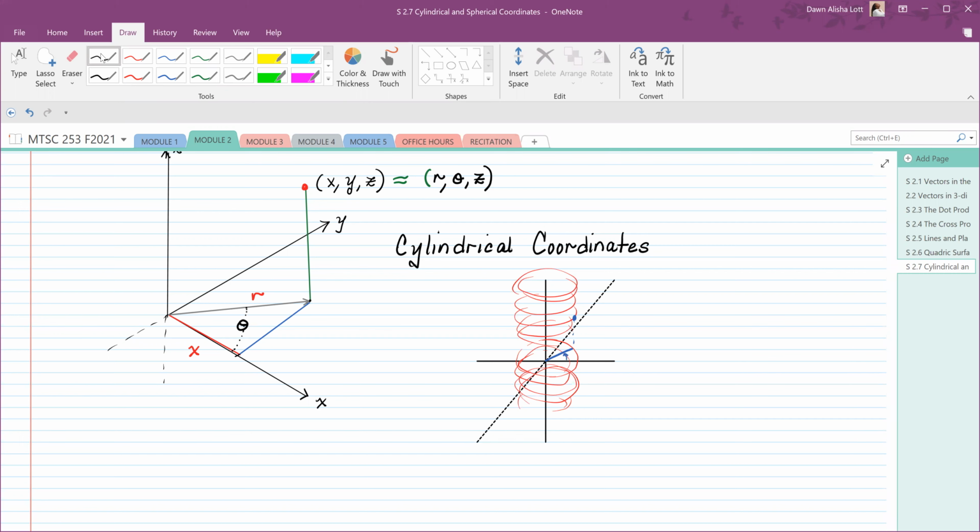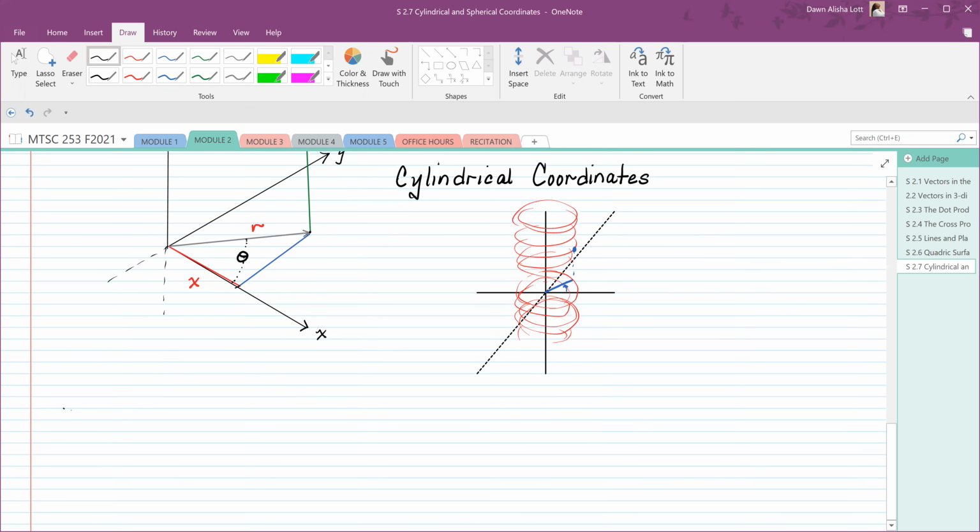So for cylindrical coordinates, this is the rule. X is R cosine theta. Y is R sine theta.